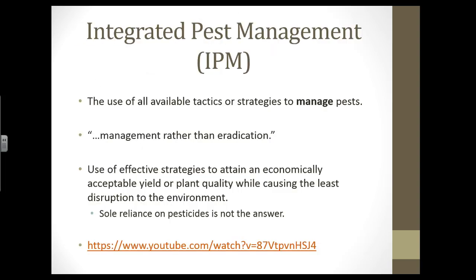Okay. IPM is using as many tactics as we have available to us. I like to consider it like one person through the front door, one person through the back door. Just insurance. But it is important that when we are trying to control a weed or an insect or a pest of any sort, we don't go out there with the goal of eradicating that pest. We manage that pest below a level that's going to cause us economic injury.